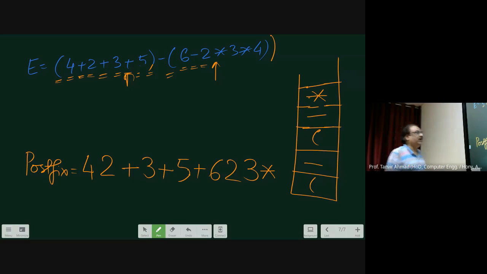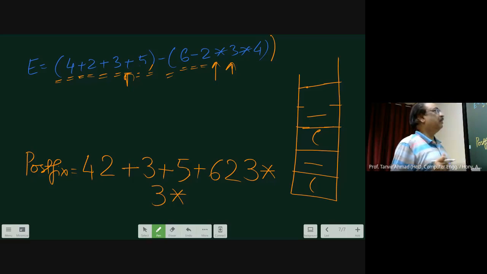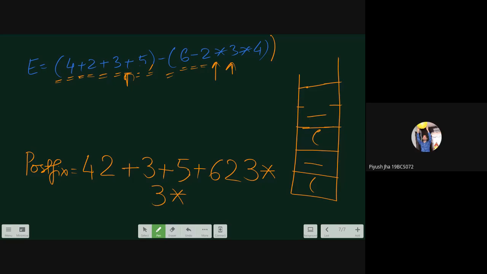Then I got 3, I'll put a 3 over here. Similarly, I again get a star. I pop this one out. So not 3, it will be 4. Fine.